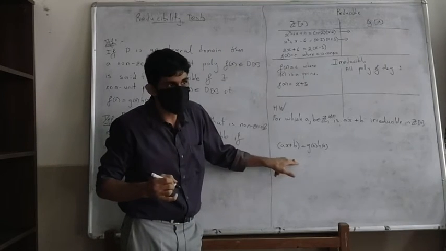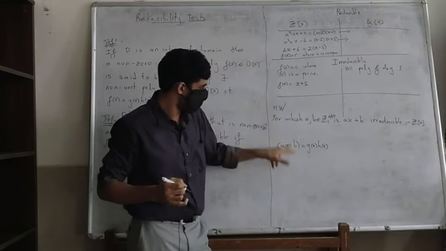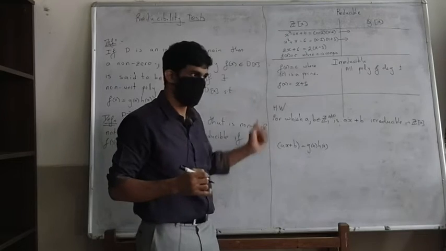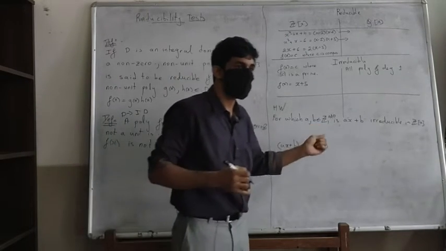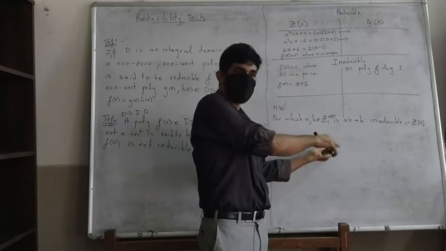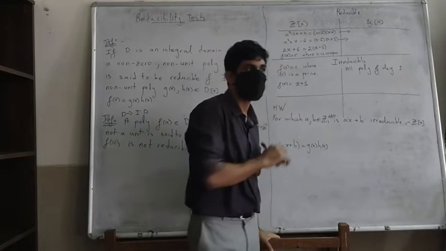Again, with the degree argument, we know that the degree on the left hand side is 1. So the degree of g plus the degree of h is 1. What are the possibilities?